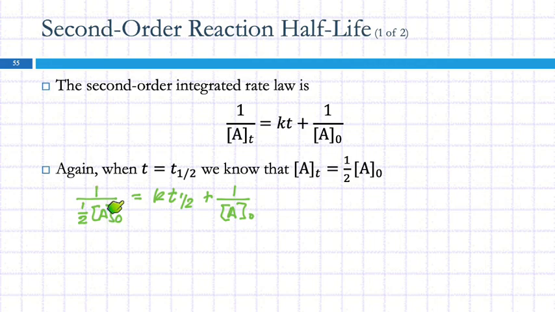Well, this is kind of messy. When we have a fraction in the denominator, what do we do to pull it out? We flip it around and it goes in the numerator. So this is equal to 2/A0.